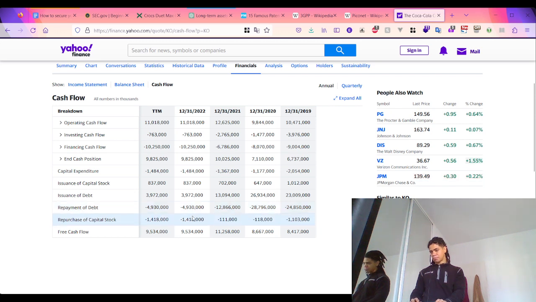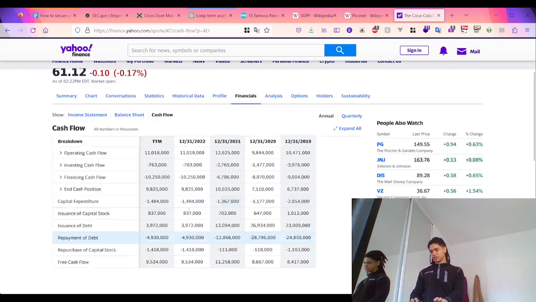Repayment of debt, repurchasing of capital stock.